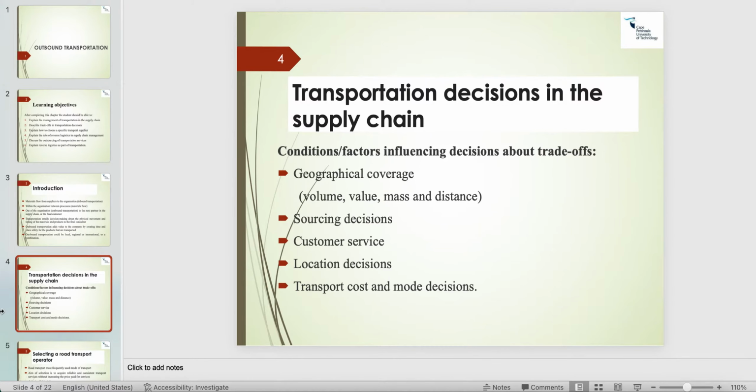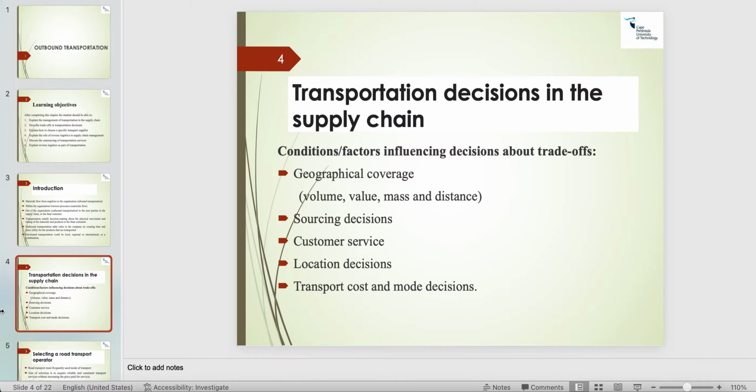Then the transportation decisions in the supply chain. There are certain conditions or factors that influence these trade-off decisions when it comes to transport. The first one is geographical coverage. The reach of the market, or how we arrive at the market, is affected by the ability of the transport system.